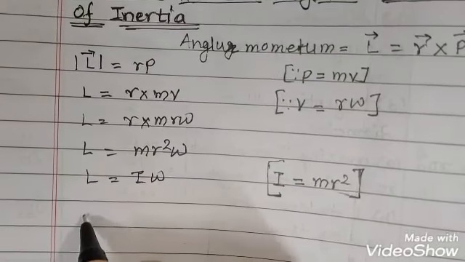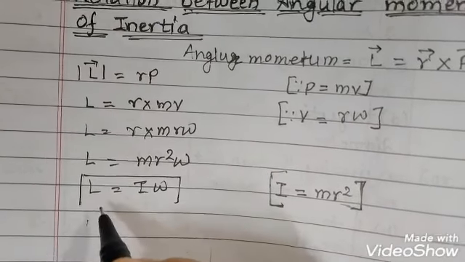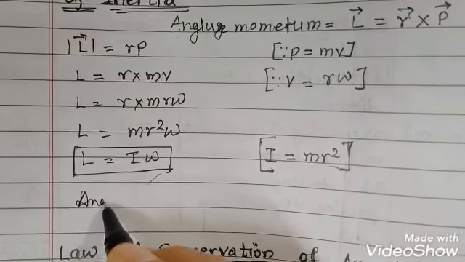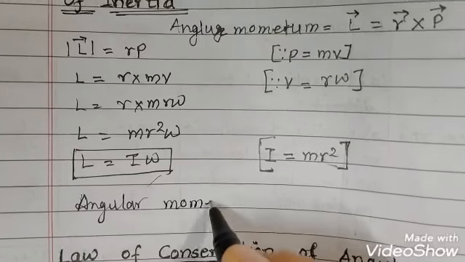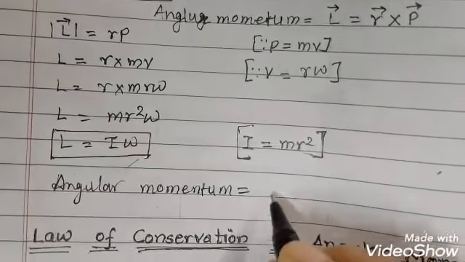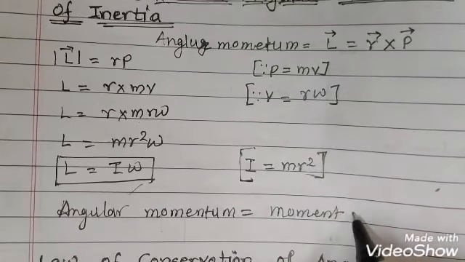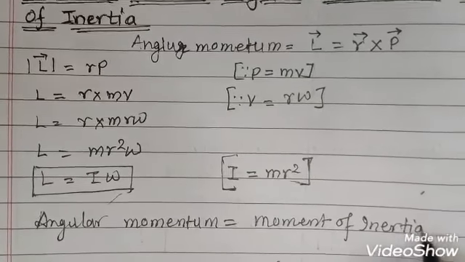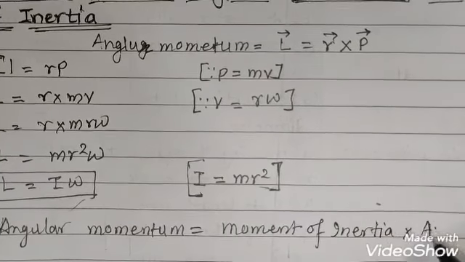That means the angular momentum is equal to the moment of inertia multiplied with angular velocity.